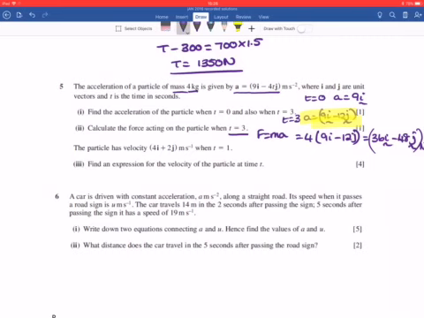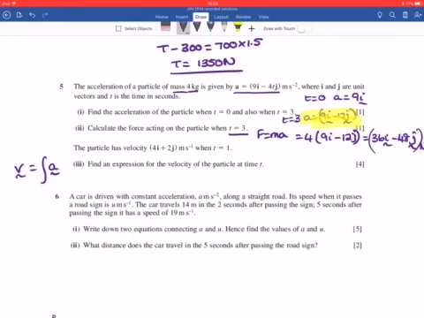Okay, so the particle has a velocity 4i plus 2j when t equals 1. Find an expression for the velocity of the particle at time t. So we need to remember that velocity equals the integration of the acceleration, because acceleration equals dv by dt when you differentiate velocity. So we need to go back the other way.